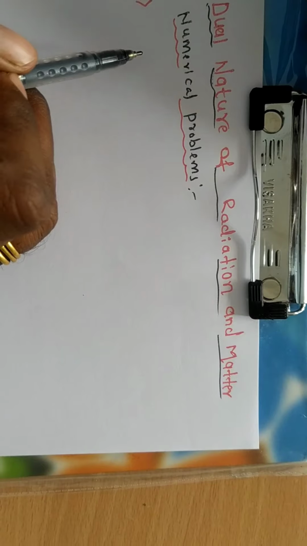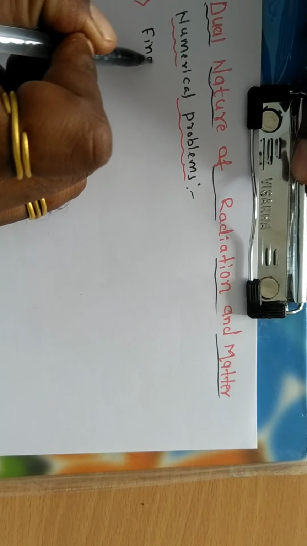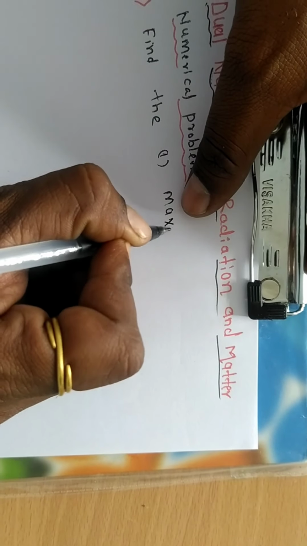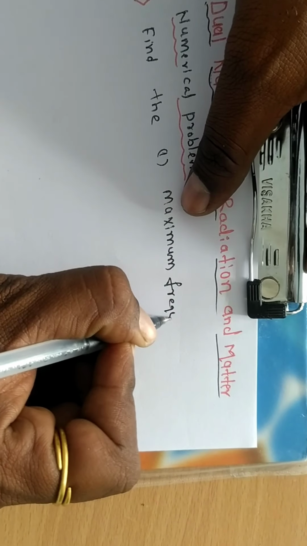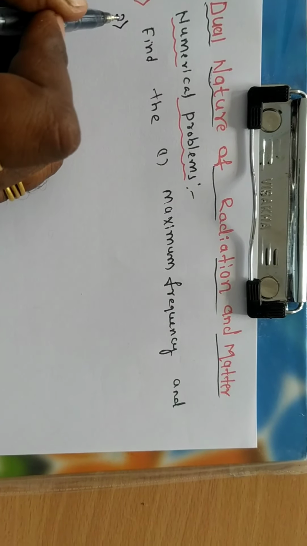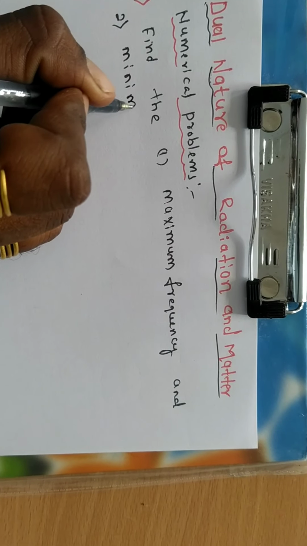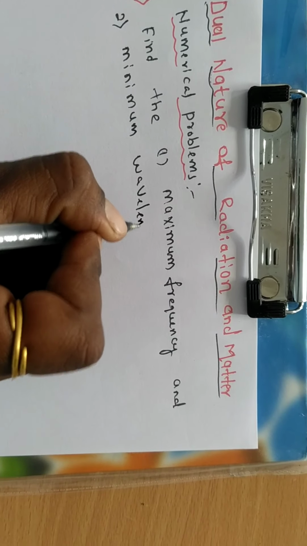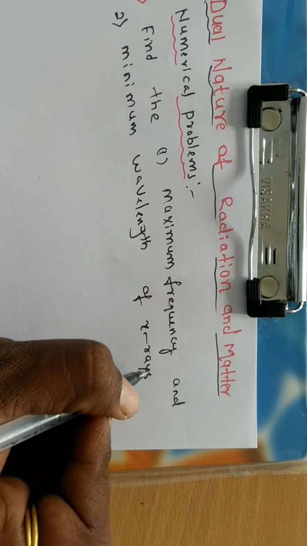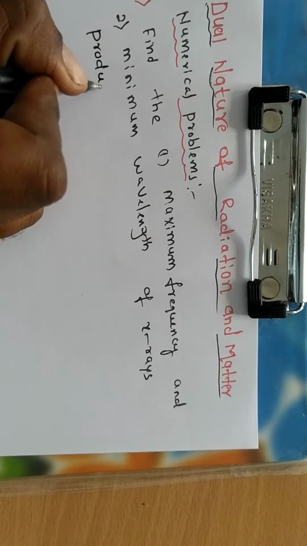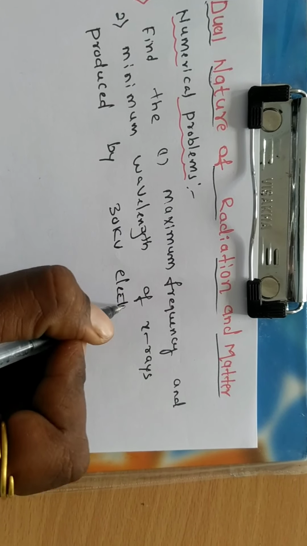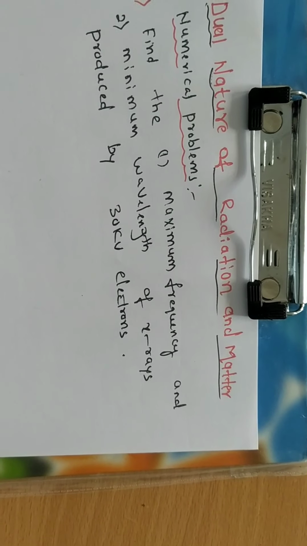Problem number 14. Find the first one, maximum frequency, and second one, minimum wavelength, of X-rays produced by 30 kV electrons.